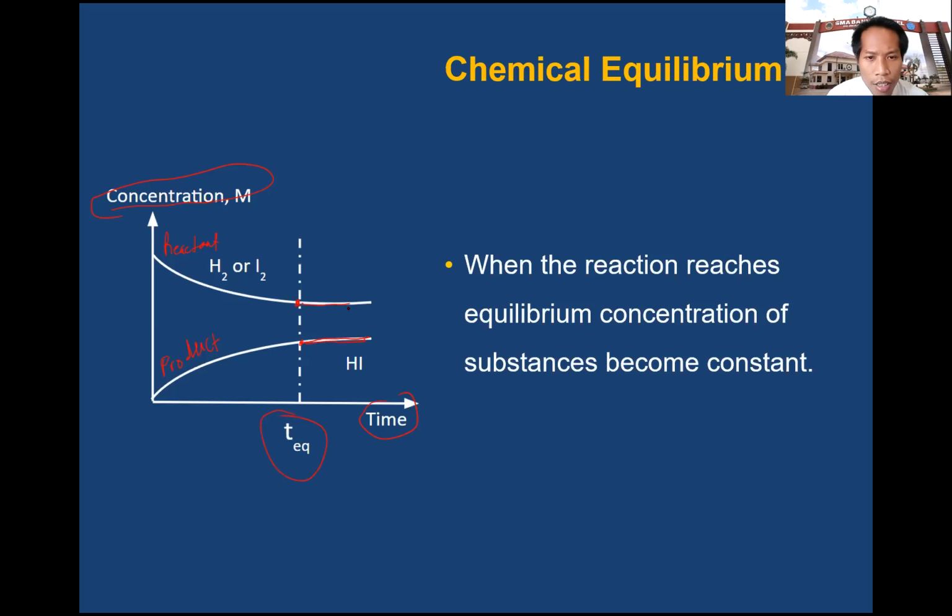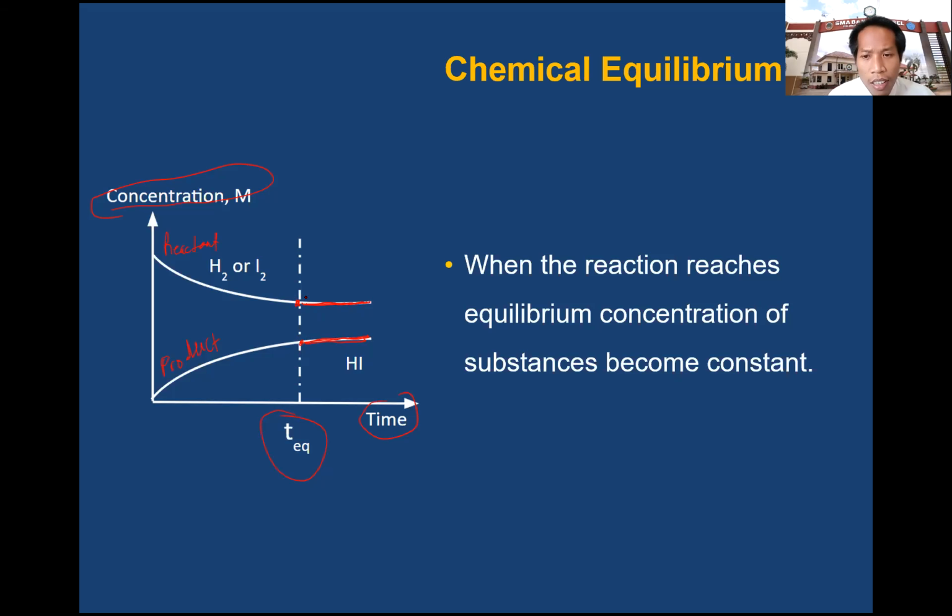Constant is shown by the graph, which is a straight line. The graph that becomes a straight line like this is showing you that the reaction becomes constant. So what is interesting here? When it becomes constant, it doesn't mean that it will have the same concentration.